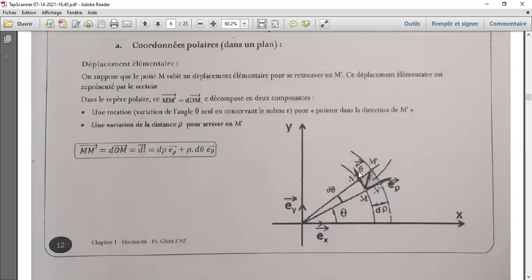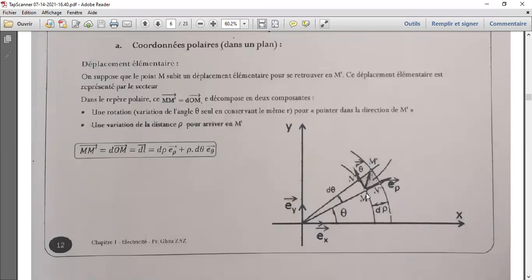You can see the vector E theta, even though it's not really clear, and the vector E rho. So this point is represented by the movement of two vectors, E theta and E rho. We're going to look at what happens when each vector moves, closely, in terms of calculating the displacement of this point.